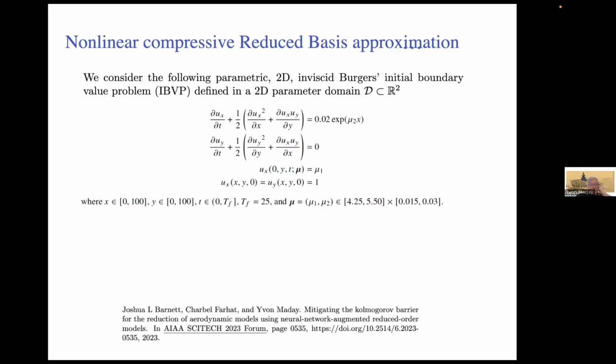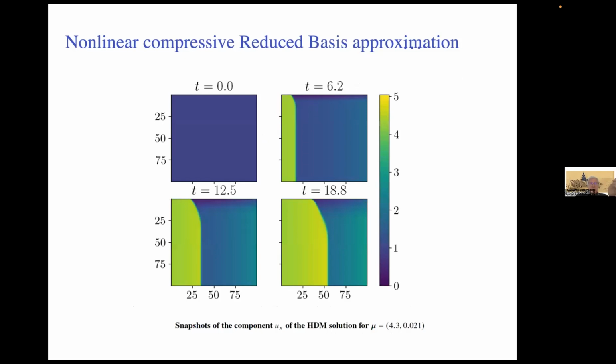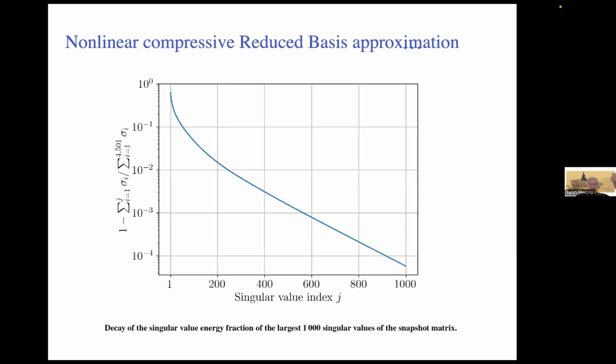This is done in collaboration with Joshua Barnett and Charbel Farhat. And so here, just to express that the solution has a kind of discontinuity. So the Kolmogorov N-width is very large, as can be seen with the decay of the singular values here.